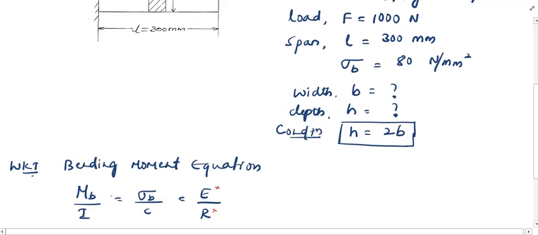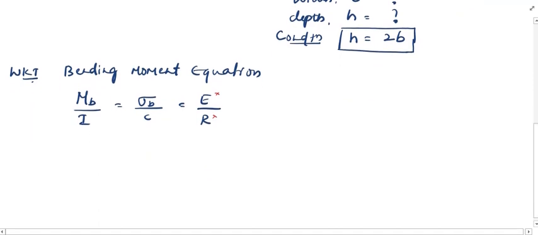So instead we'll focus more on MB, I, sigma B and C. We'll see what those terms are one by one.